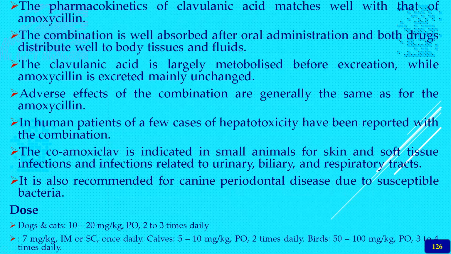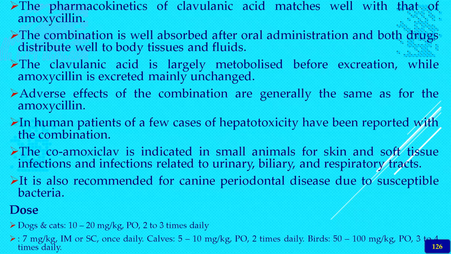The pharmacokinetics of this drug matches that of amoxicillin, and the combination is well absorbed after oral administration, so it can be administered orally to animals. The clavulanic acid is largely metabolized before excretion, while amoxicillin is excreted mainly unchanged through the kidney. The adverse effects of the combination are generally the same as for all the penicillins, especially amoxicillin. In human patients a few cases of hepatotoxicity have been reported with the combination.